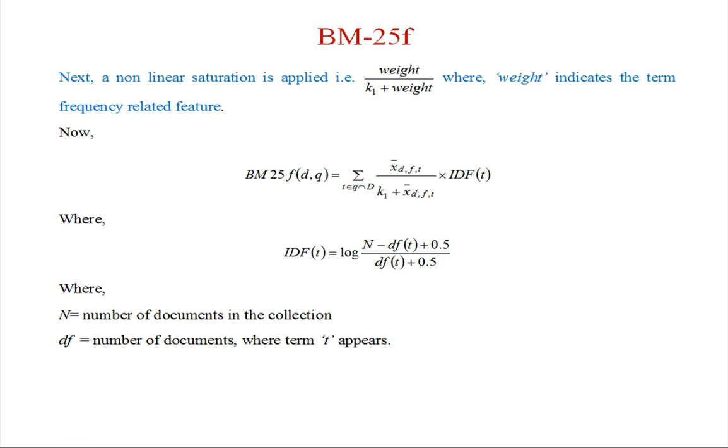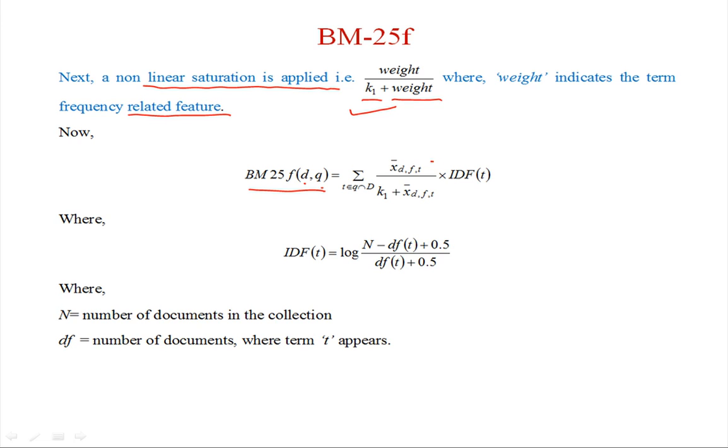Now a non-linear saturation is applied, that is weight divided by k1 plus weight, where weight indicates the term frequency related features. After this saturation, the BM25F for query term q and document d will be the sum of x-bar_dt divided by k1 plus x-bar_dt, times IDF of t.